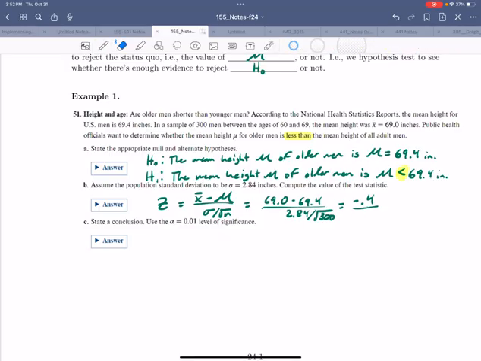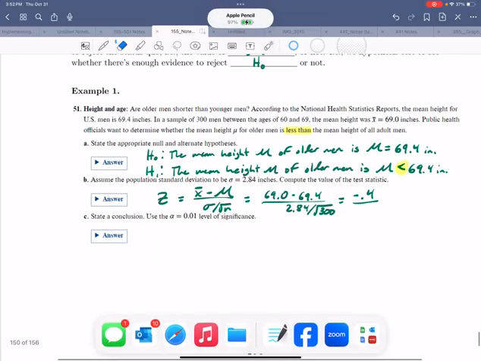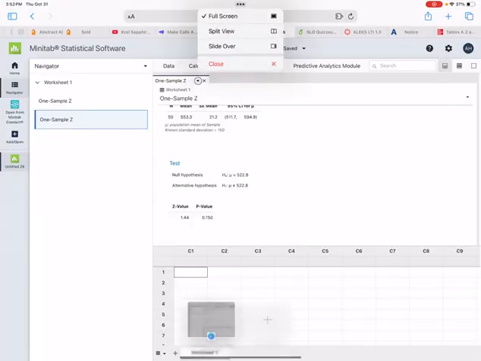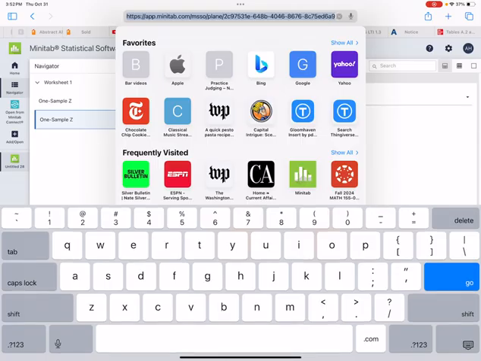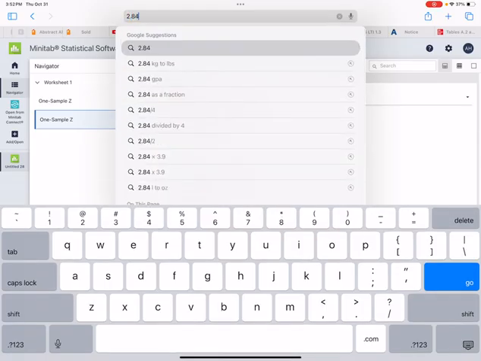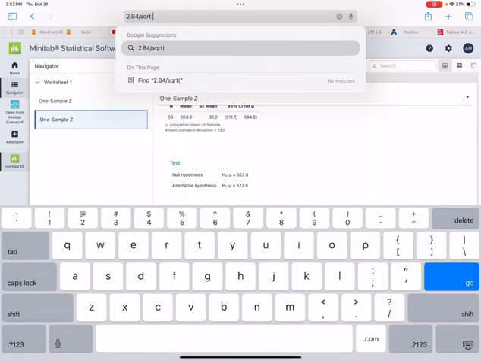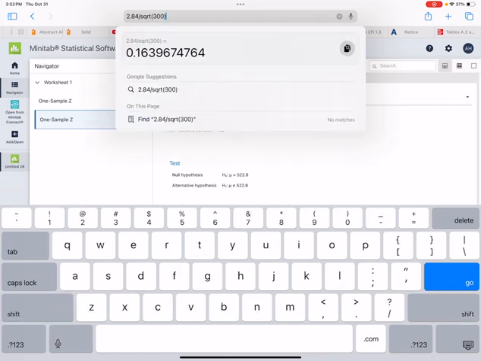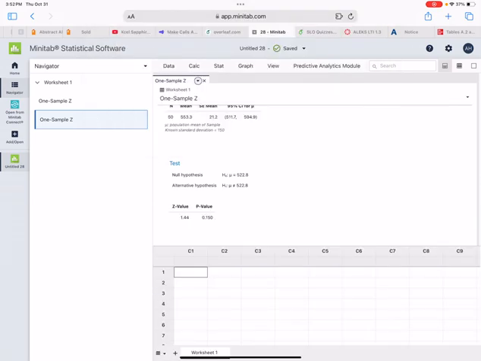Actually, let me just get the standard error in the calculator. So I think that was 2.84 divided by the square root of 300. 0.164, let's say.